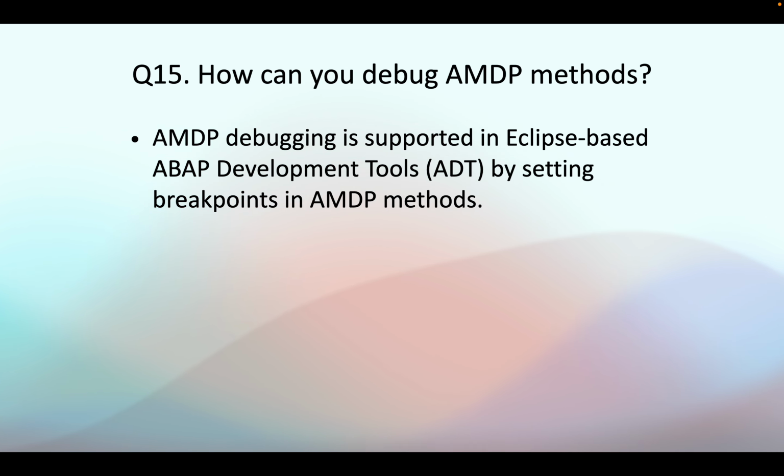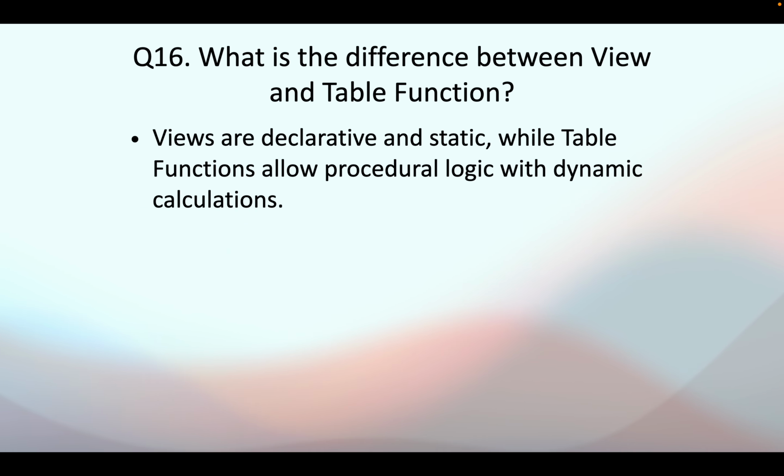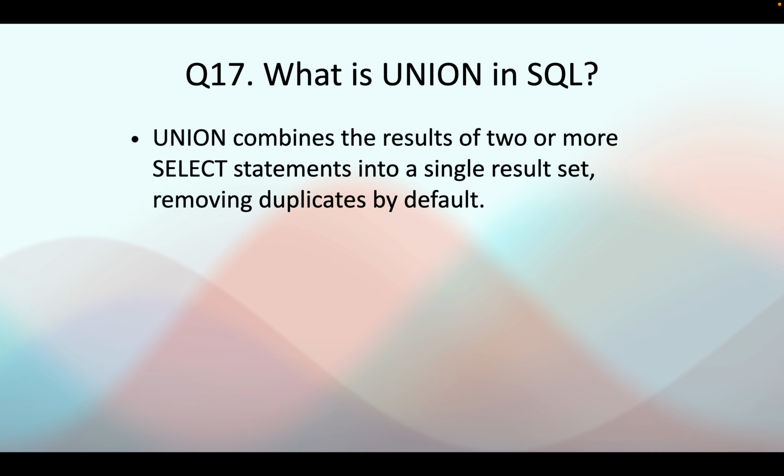How can you debug AMDP methods? AMDP method debugging is supported in Eclipse-based ABAP Development Tools, ADT, by setting breakpoints in AMDP methods. What is the difference between a view and a table function? Views are declarative and static, while table functions allow procedural logic with dynamic calculations.